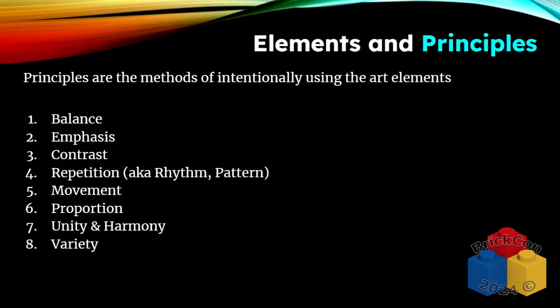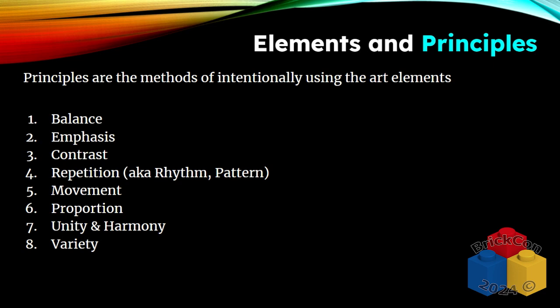Okay, so the 8 principles I'm going to talk about, well, 8.5 because unity and harmony are in there together. These are the ones I was taught. These names may vary a little depending on who you talk to or what resources you're looking at for principles of design. But these are the ones that are used to intentionally make art elements do what you want them to do and have the effect you want with your viewer.